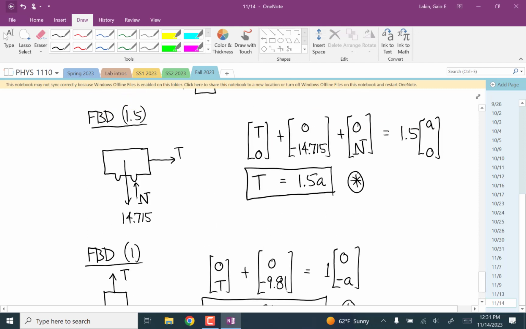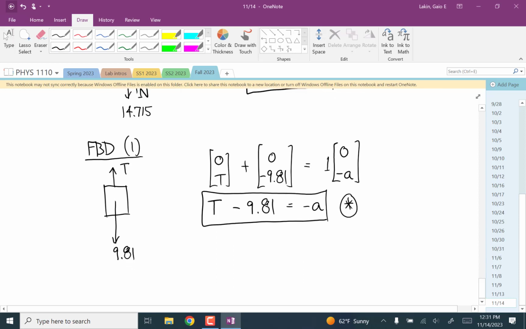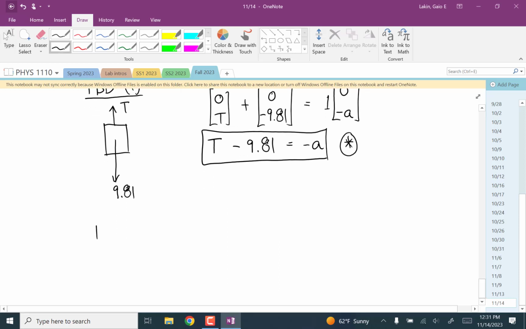Now I'll solve this system of equations by replacing the T in the second equation with 1.5a from the first equation. So 1.5a minus 9.81 is equal to negative a. Add a to both sides, you get 2.5a.